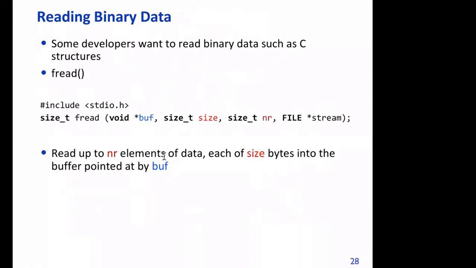So instead of reading characters, or a line, which is nothing but a complete string terminated by some character, we can just read binary data, and then we have to define the size of the data we want to read, in terms of number of bytes.